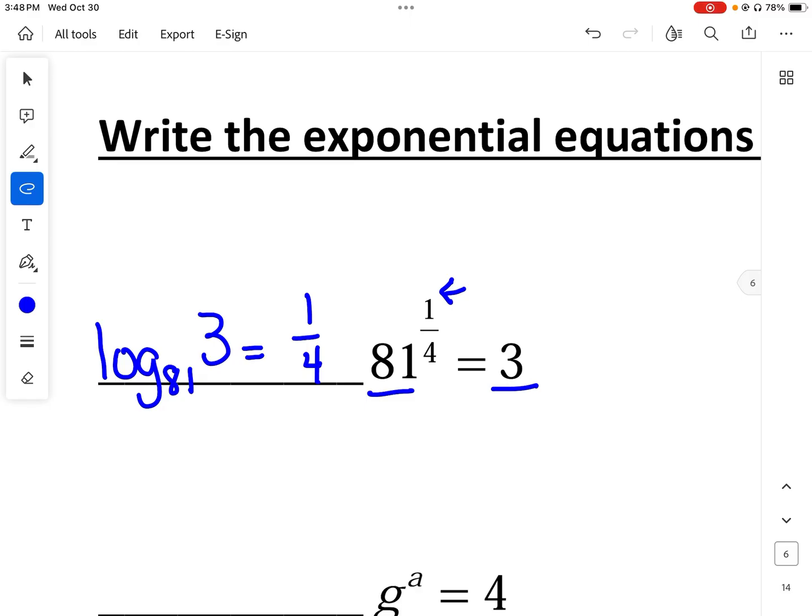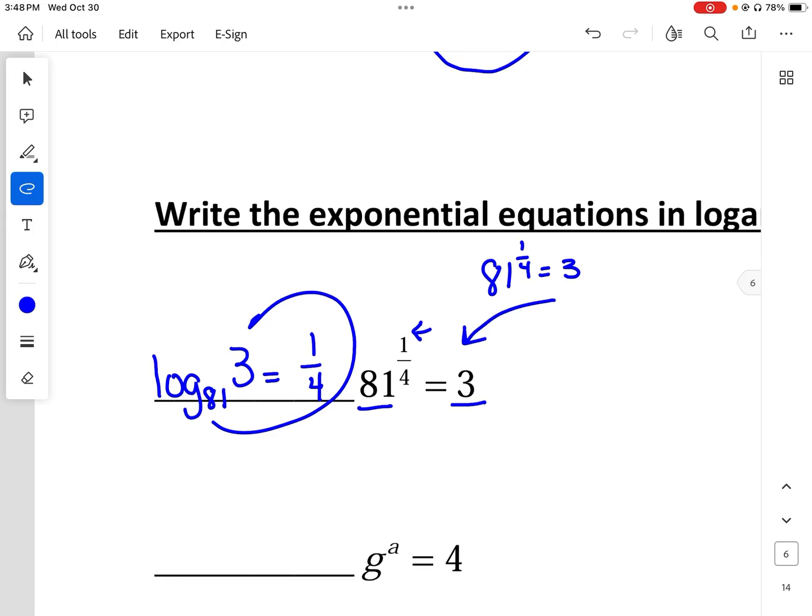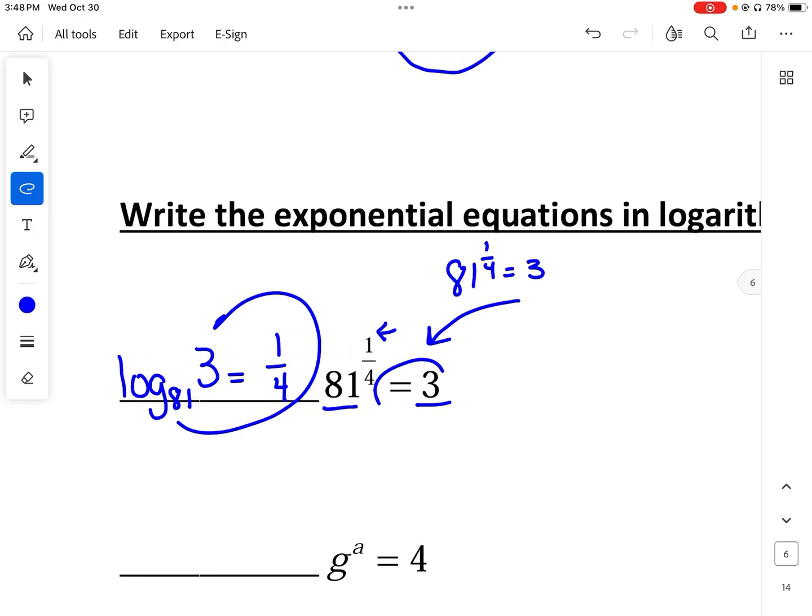If we were to swirl it around, it's 81 to the 1/4 equals 3, which is exactly what we were supposed to convert. So our answer, where it says equals whatever, that's going to be our exponent. This is our base. This is what the log is. So log base 81 of 3.